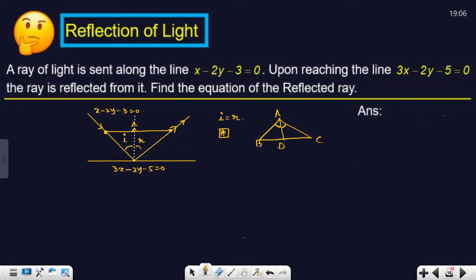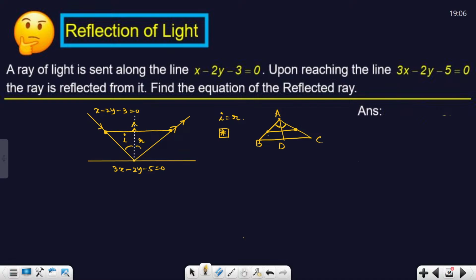Now, in this case, if you choose any point on the line AB, and if you draw a perpendicular, that is, if you want to find its image with respect to this angle bisector, it is going to fall on the side AC.